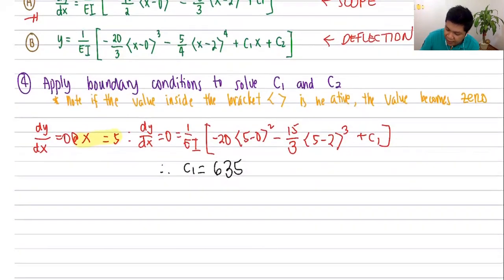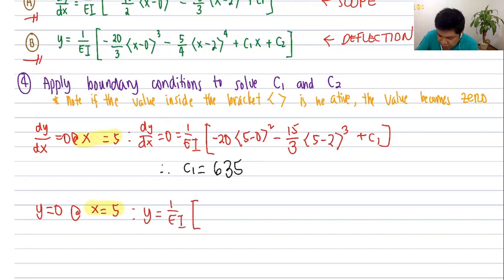Next, boundary condition. I can say that y is equal to 0 because that's a fixed support. Y is equal to 0 where? Still at x is equal to 5. So I now use equation B. I just substitute. Y is equal to 1 over EI times, I just copy everything, negative 20 all over 3, but use x equals 5.